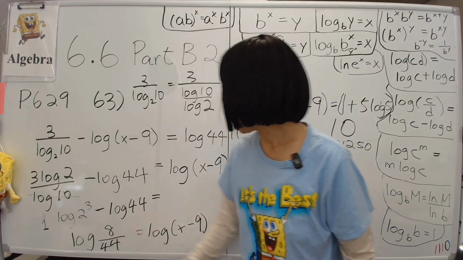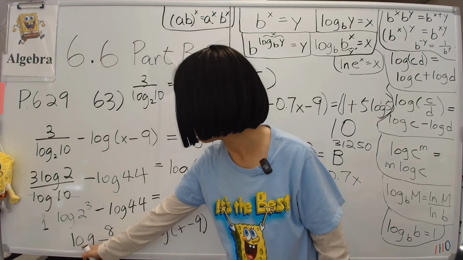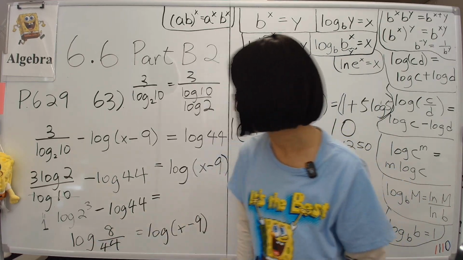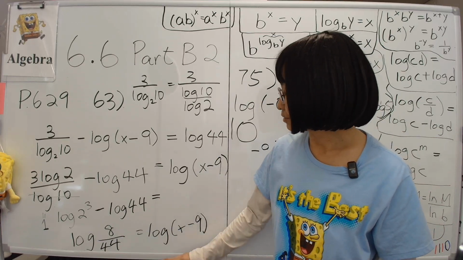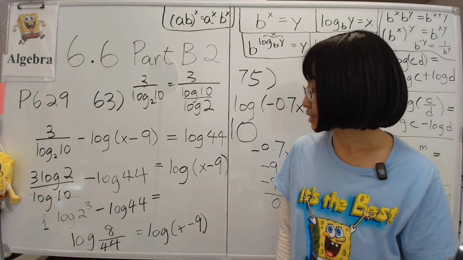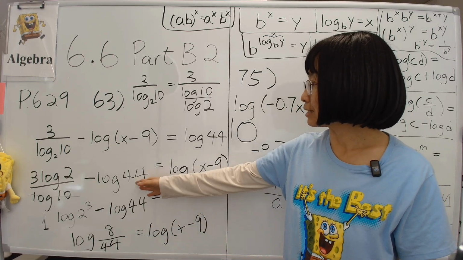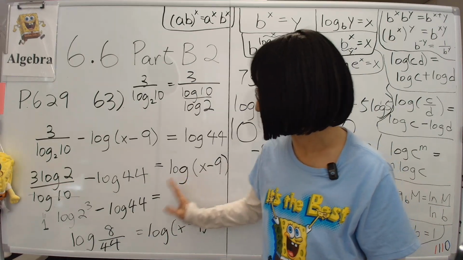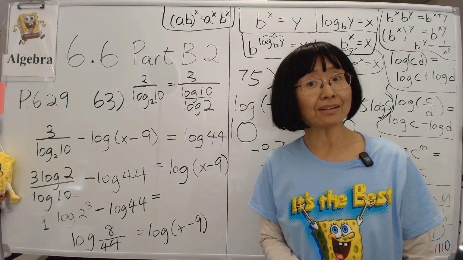So now we have log and log. Both sides have 1 log in front of it, and so now we can say that 8 over 44 is the same as x minus 9. We couldn't say that before because stuff is split up into various other logs; there's not the same thing on each side of the equation.